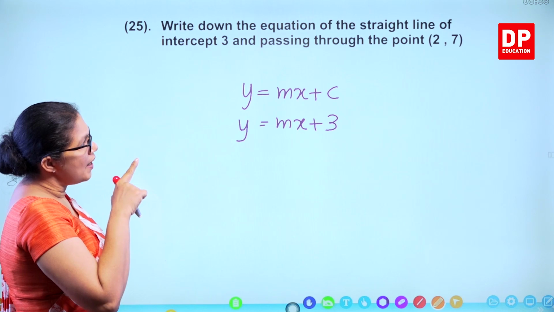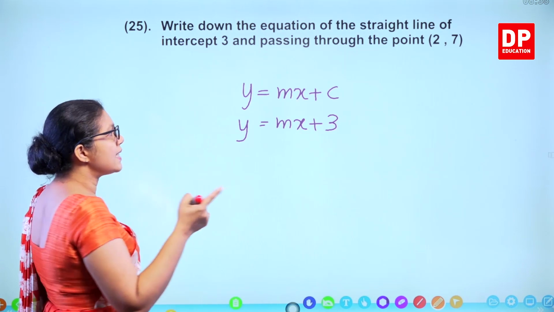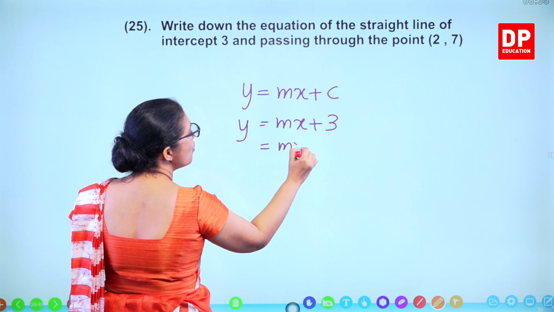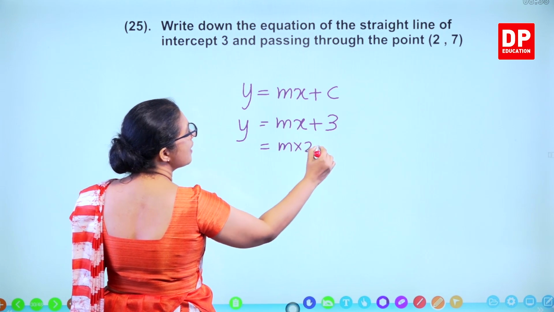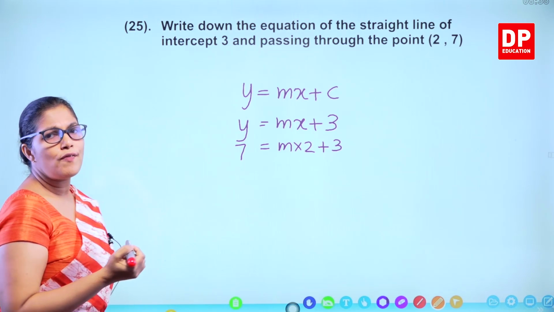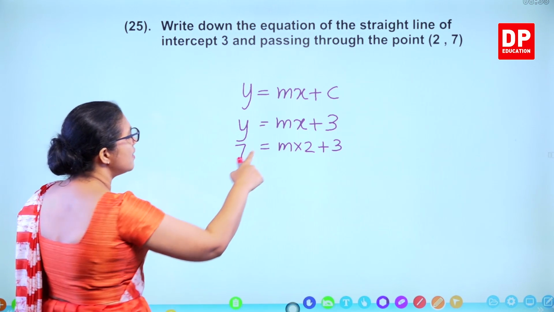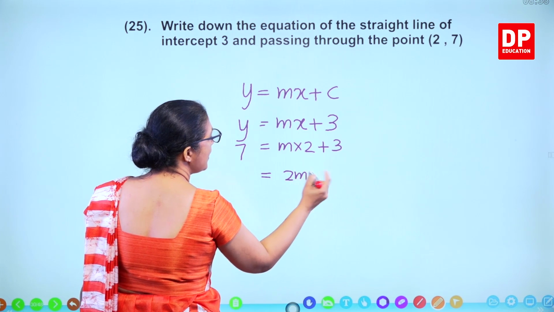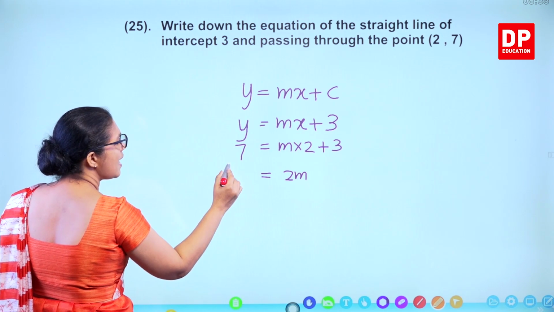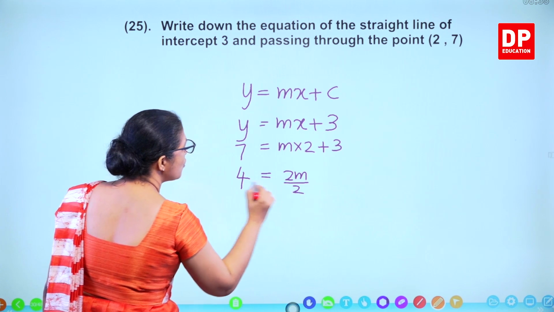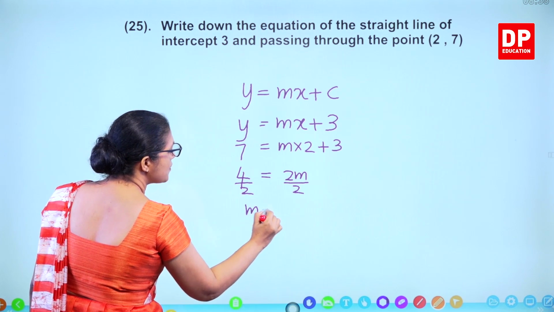Now that point is on the line, so it satisfies the equation. So when x equals 2, you can substitute 2 here. The y value is 7. Now solve and find out the gradient or slope. So you get 2m equals, take 3 to this side, 7 minus 3, 4, divide by 2, m becomes 2.